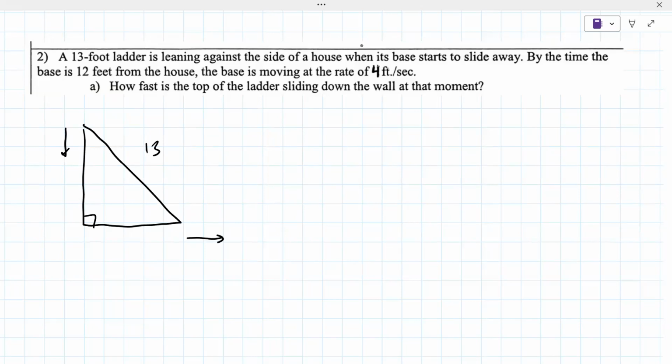If it's sliding away, that's dx/dt. Down is dy/dt. You probably saw that. And then the base is moving at 4, and it's 12 feet from the house. And that's everything we know. Is that okay so far? Yes.